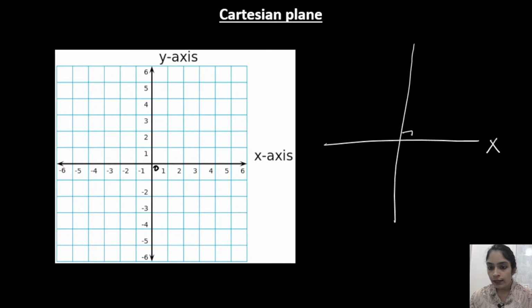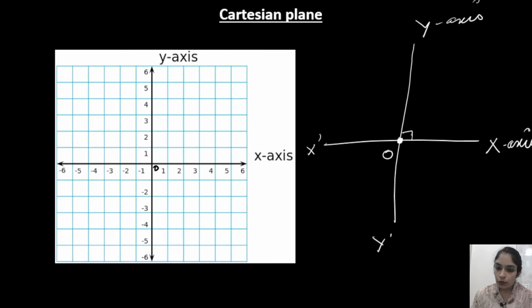The horizontal line is known as the x-axis, so here we can write x, and on this side x dash. The vertical line is known as the y-axis, and this we can write as y dash or y prime. At the point where they intersect, that point is known as the origin.